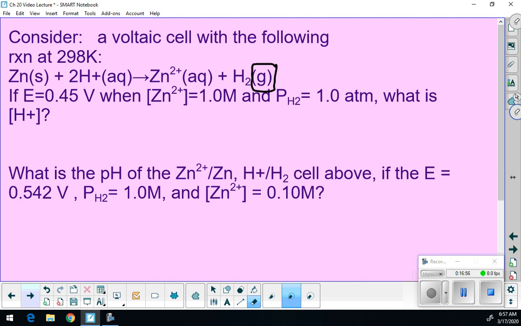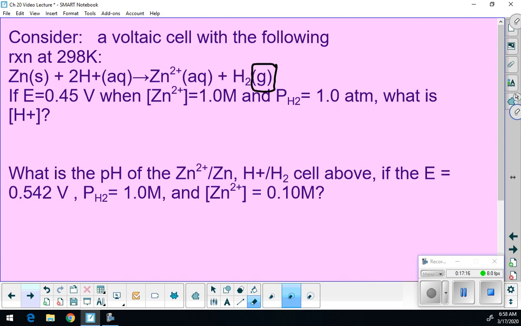Now, this is weird. I don't completely understand it, but I know it works in this case. Usually we're used to Q's being either all pressures or all aqueous. But when we're doing this kind of problem, our Q is going to include both.